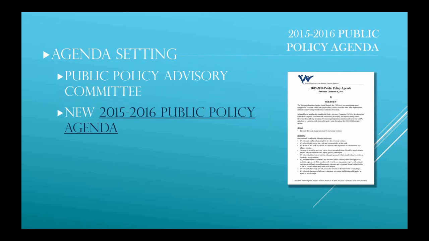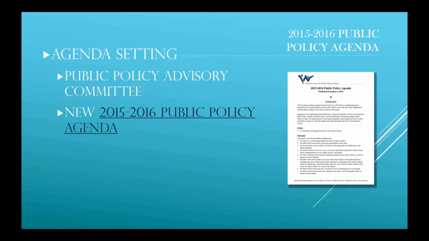So we responded to some of those concerns in October. The public policy team at WCASA invited members to serve on a membership-based public policy advisory committee. In addition, we now use a highly transparent process for setting our public policy agenda, and that process is described in the public policy agenda itself.